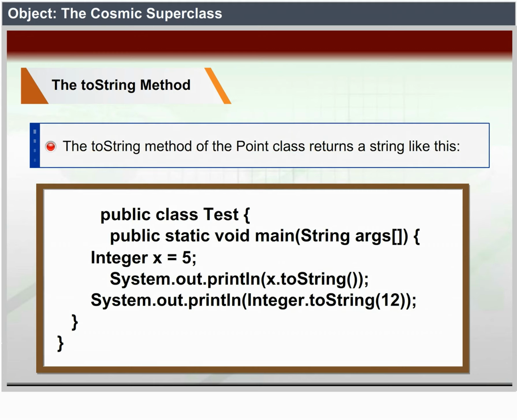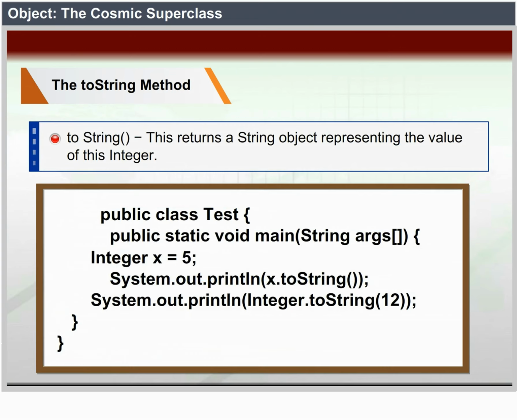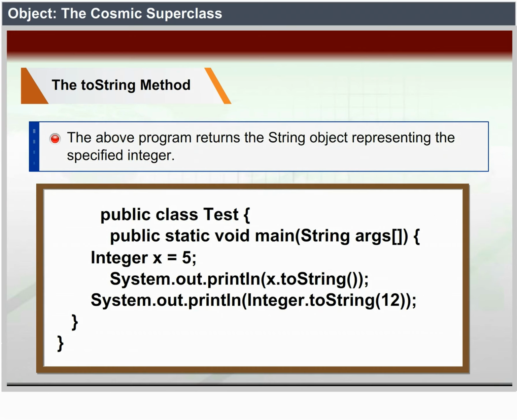The toString method of the Point class returns a string like this. public class Test { public static void main(String[] args) { Integer x = 5; System.out.println(x.toString()); System.out.println(Integer.toString(12)); } } The toString method returns a String object representing the value of this Integer. The above program returns a String object which represents a specified integer.